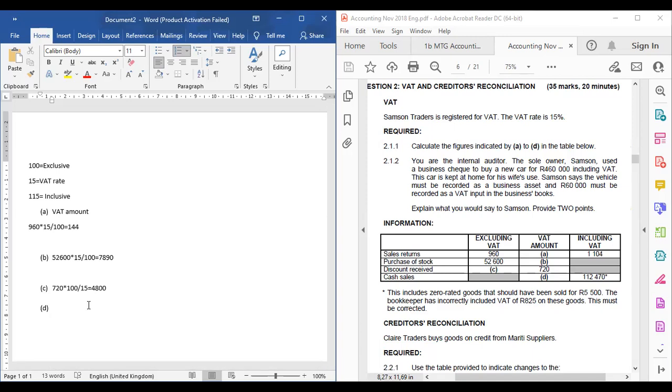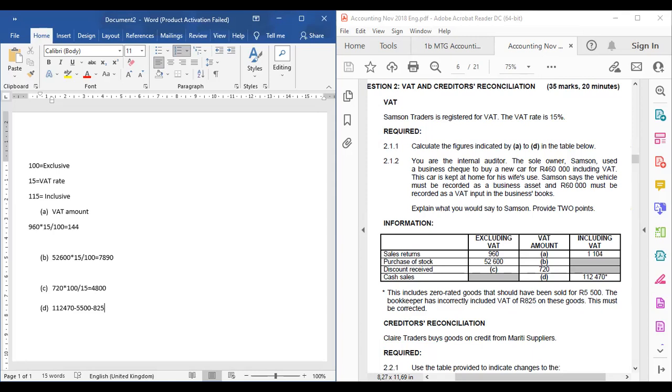We take 112,470 and subtract 5,500, because it was supposed to be sold for that amount.